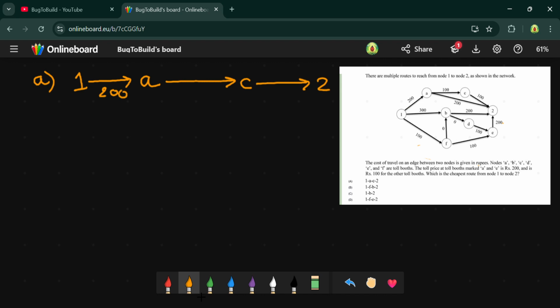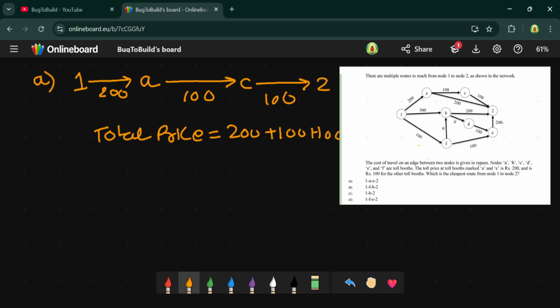From A to C the price is 100, and from C to 2 the price is 100. Then you just have to find the cheapest route, so first you add all the prices. The total price is 200 plus 100 plus 100, so the total price is 400.